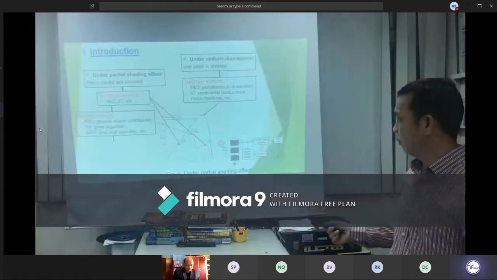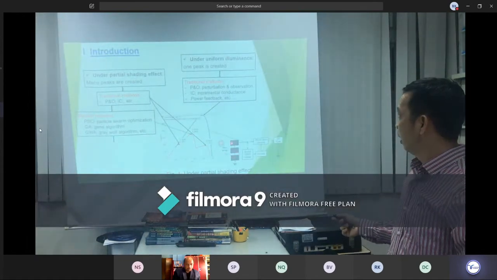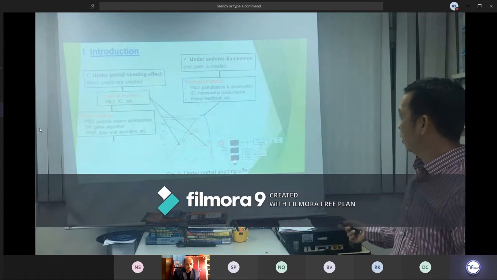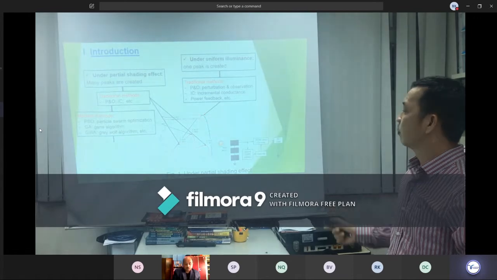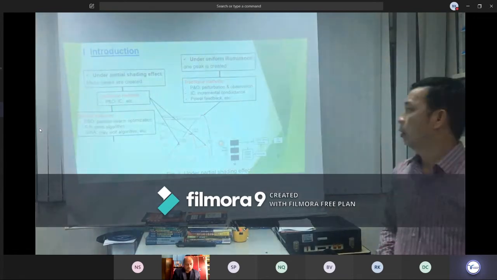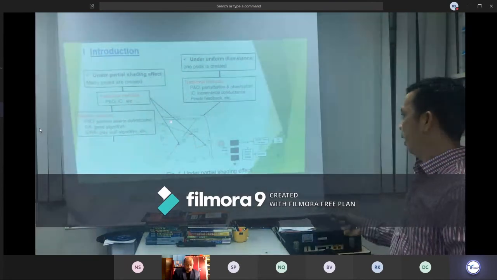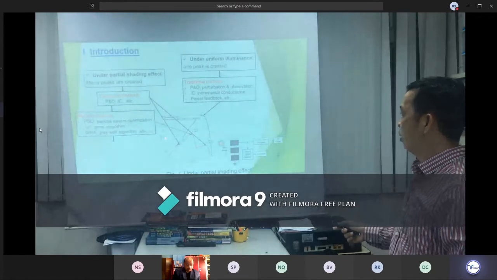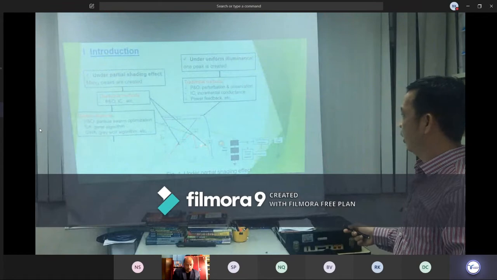We can see under uniform illuminance one peak is generated here, but under partial shading effect, many peaks appear here.